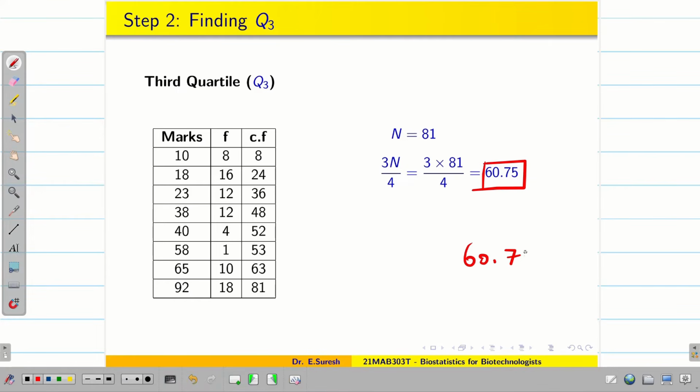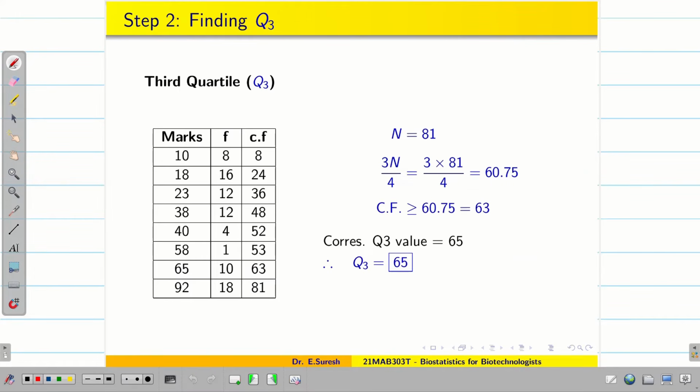Now my job is to find the number which is greater than and very close to 60.75 in the table. So we find 63 is very close and bigger than 60.75, and the corresponding X value in the table is 65. Therefore, my Q3 is 65. So we found both Q1 and Q3.